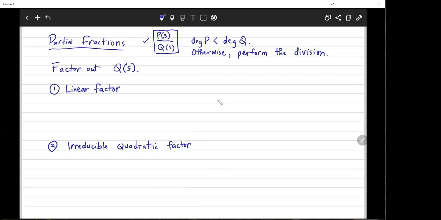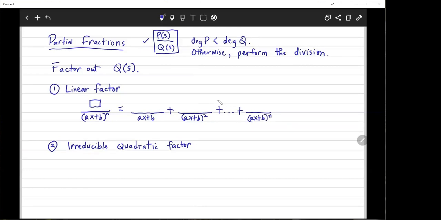Okay, so suppose meron tayong denominator. At this point, we're not really concerned with the numerator, so I'll just write it as a box. Suppose meron tayong linear factor na (ax plus b) naka-raise sa n. Made-decompose siya ngayon into (ax plus b). So that's the first denominator. And then (ax plus b) raised to 2 hanggang (ax plus b) raised to n.